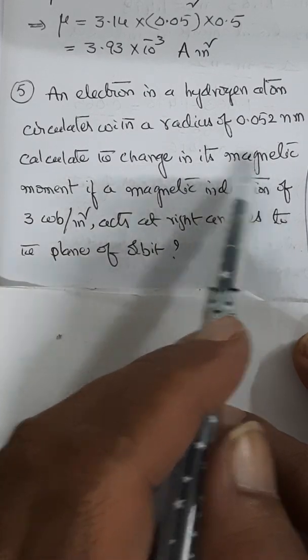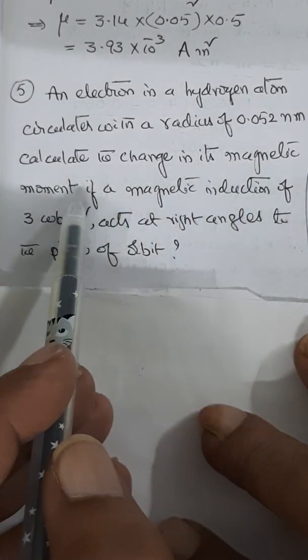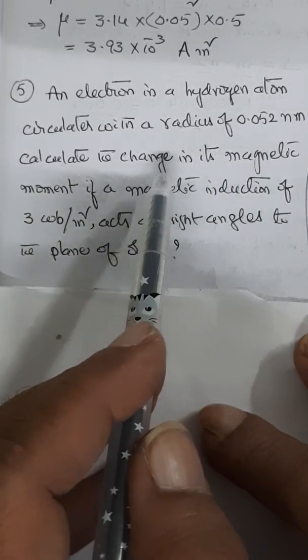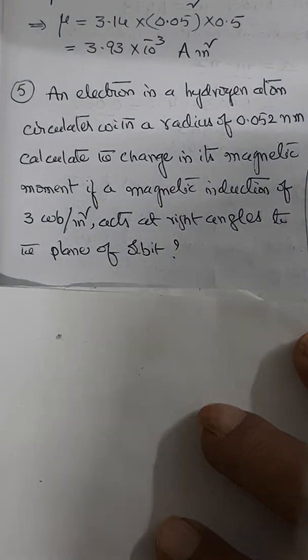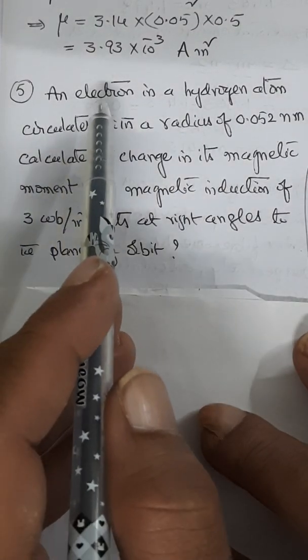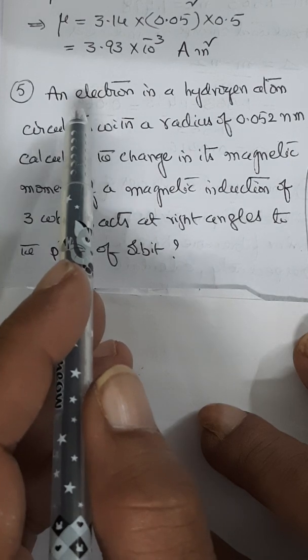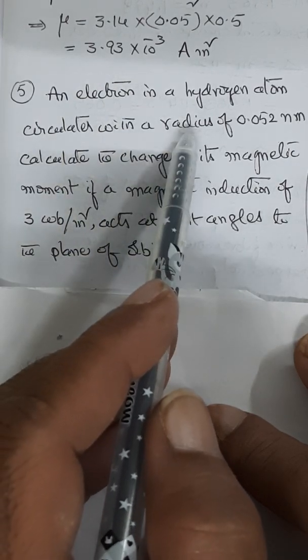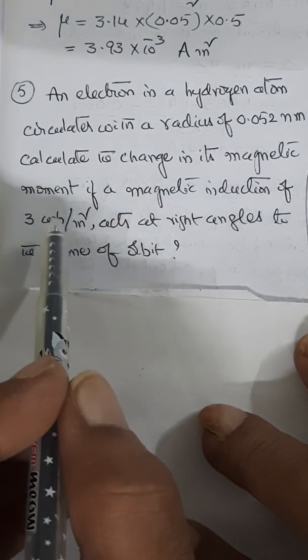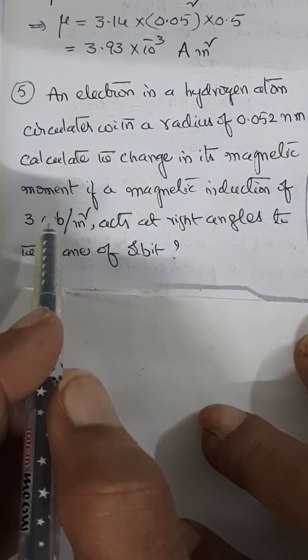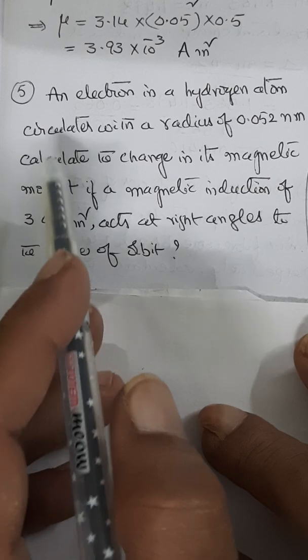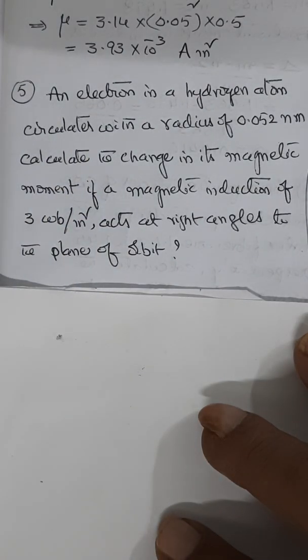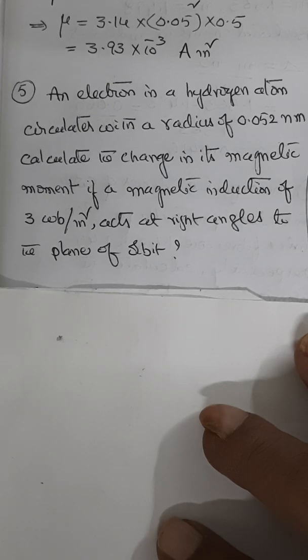Magnetic moment is mu. Change in magnetic moment, delta mu, is to be calculated. Now, who is rotating? Electron is rotating. So the standard charge value of the electron will be taken into consideration. Radius is already given. B, the induction field value, is given. And then, because the electron is rotating, its mass is also known to us. That is to be noted.